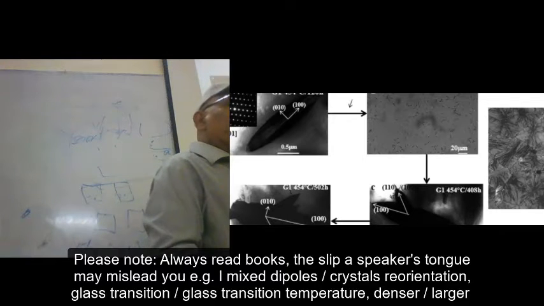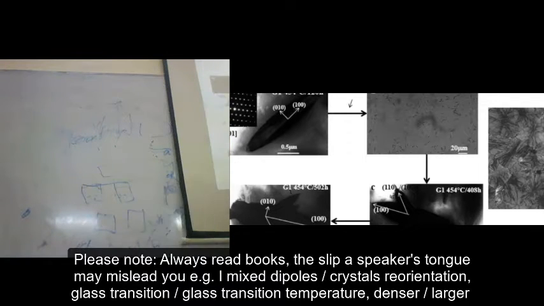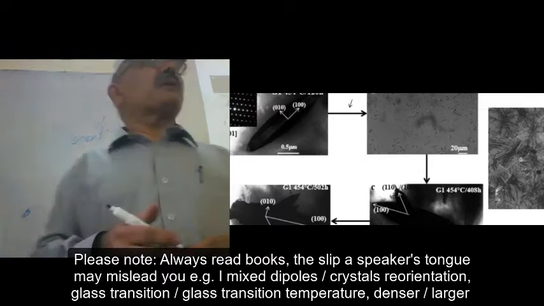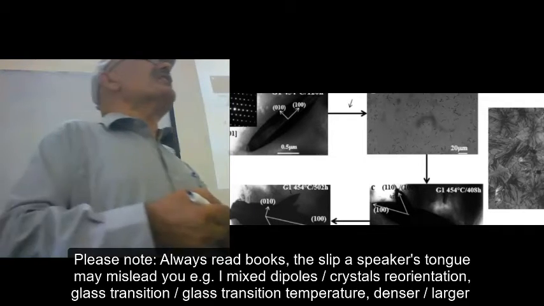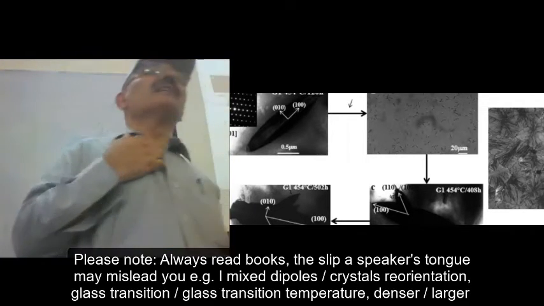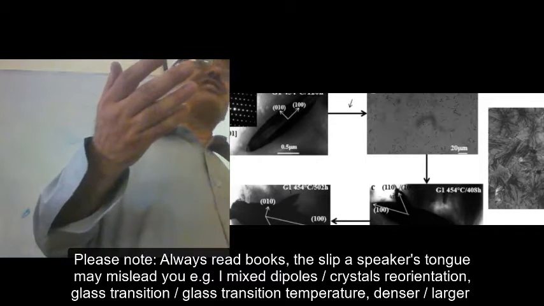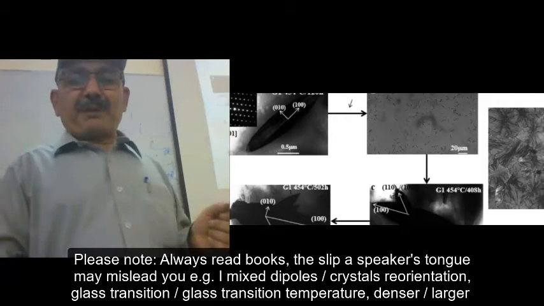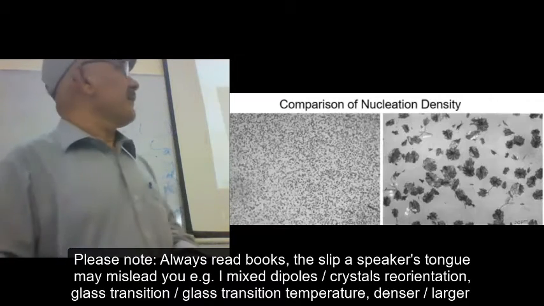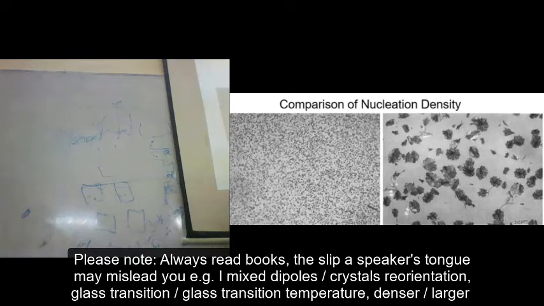A 20 or 22 degree change crystallized most of this material in 2 hours, which couldn't be crystallized to that level after 408 hours at 454. So this is how people play with the materials, how people tailor the microstructure, the composition, and the properties of materials. And this is the difference.